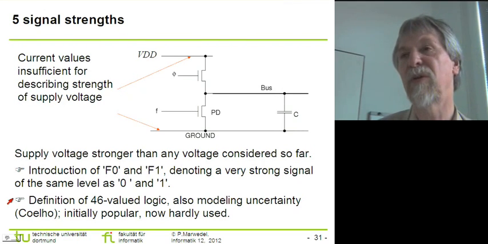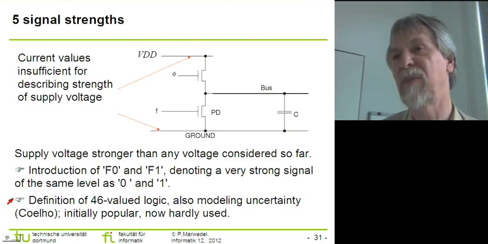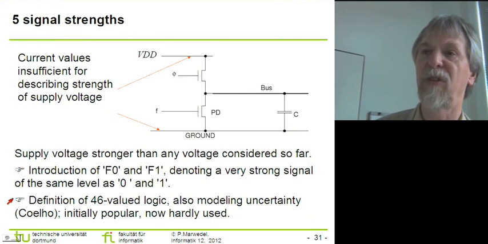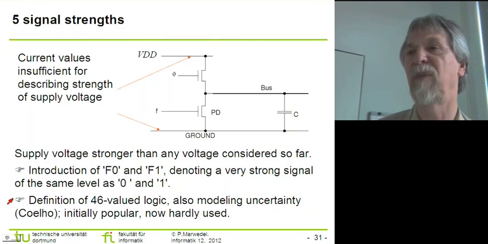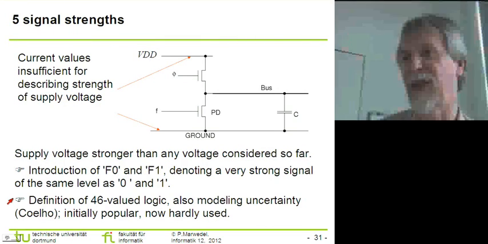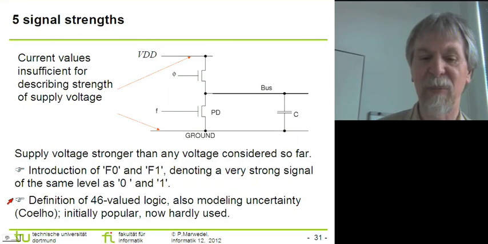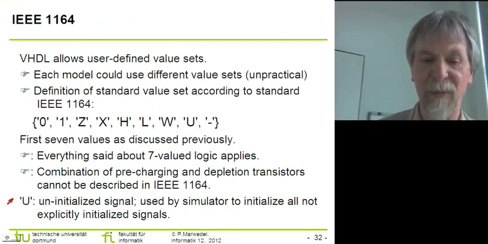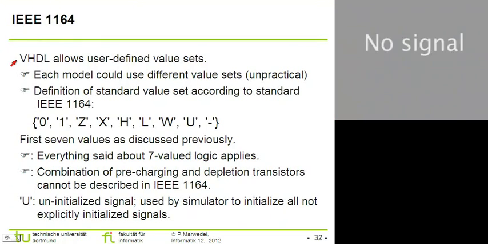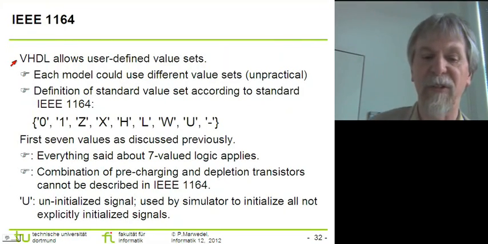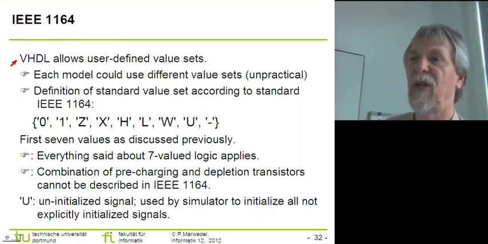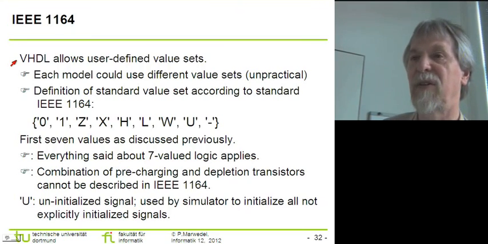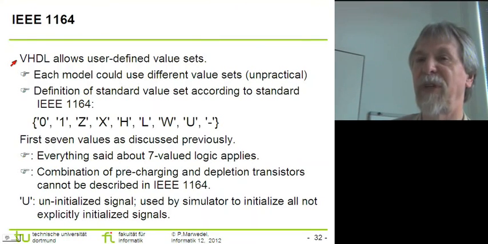We could even go towards more strengths in this somewhat shortened course. I will not talk about Verilog, but in Verilog we can be using 8 different strength values. So this could even be extended beyond the 5 different strengths that I'm considering here. Now, what is actually used in practice? In VHDL, there is no built-in set of values, apart from the trivial values 1 and 0.